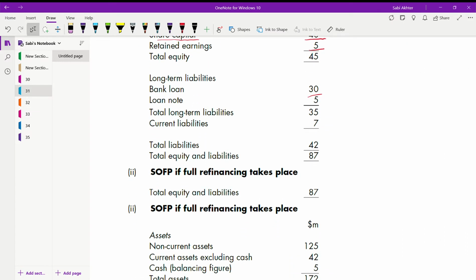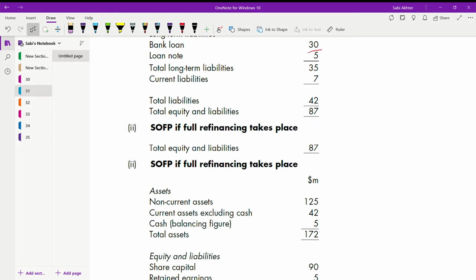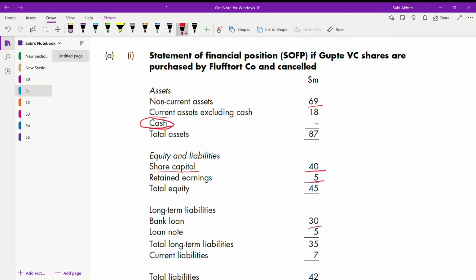Now, second, when full refinancing takes place, just check the amount, compare. Here it is 69 only, non-current asset. That means your non-current asset will not change from your original. It will remain the same because our focus is only on Gupta VC shares. That means shares will change, right?